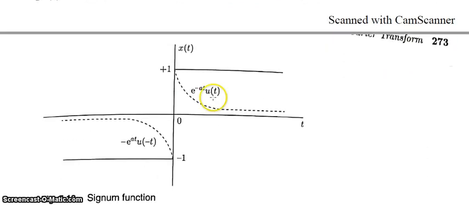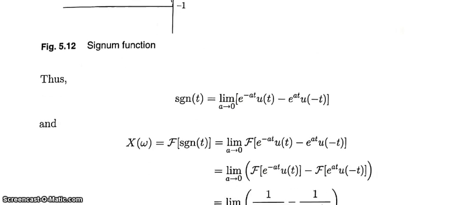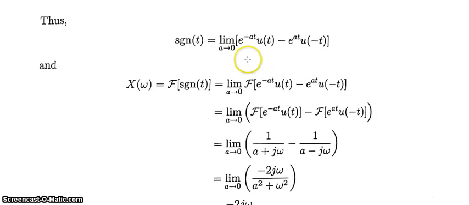So the signum function is expressed here: x of t is 1 for t greater than 0 and minus 1 for t less than 0, and e raised to minus at u of t is a decaying exponential. Then the signum function can be expressed as the limit a tending to 0 of e raised to minus at into u of t minus e raised to at into u of minus t.